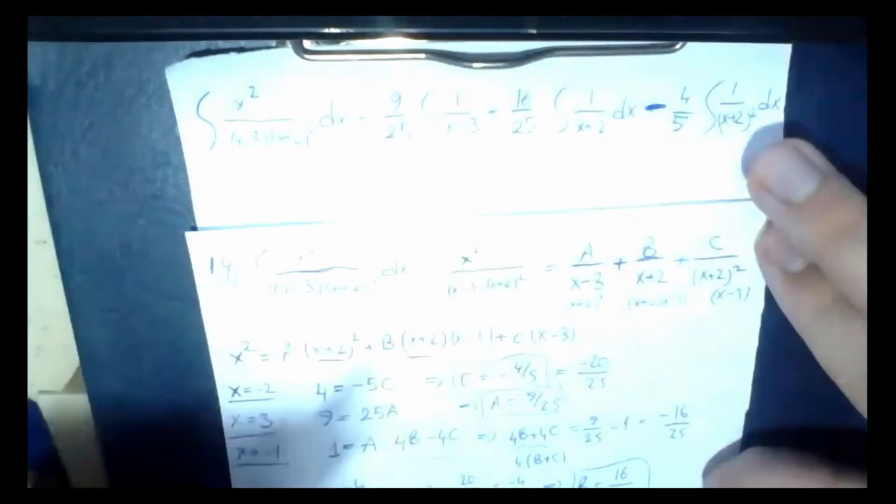Minus 4 over 5 times integral of 1 over x plus 2 squared dx.